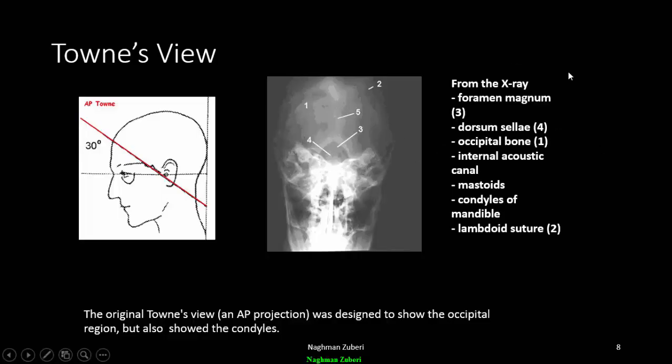From the X-ray, you can see foramen magnum, dorsum sellae, occipital bone, internal acoustic meatus or internal acoustic canal, mastoids, condyles of the mandible, and lambdoid suture.